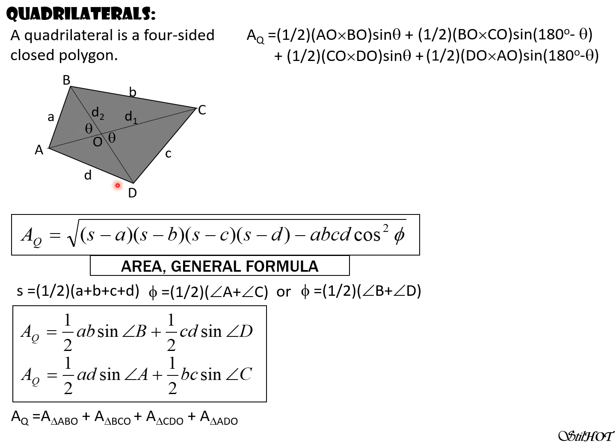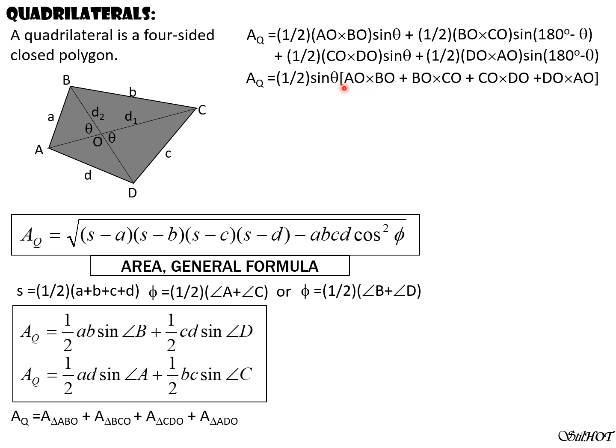We note that sine of 180 degrees minus theta is just sine theta. And if we factor out 1/2 sine theta, because sine 180 degrees minus theta is equal to sine theta also, we have the quantity AO times BO plus BO times CO plus CO times DO plus DO times AO.